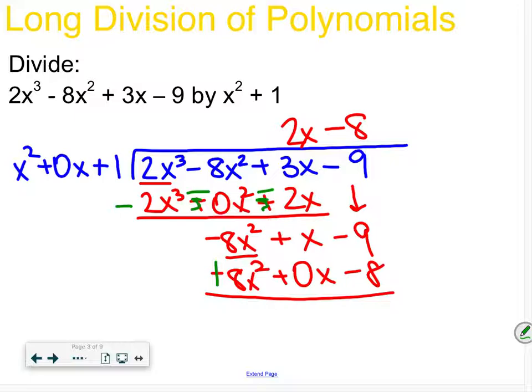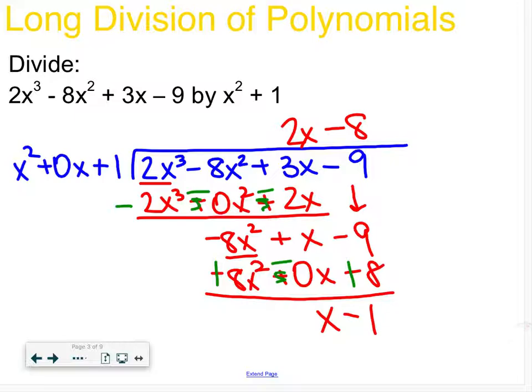So I'm going to just change the signs here. So our x squareds go away. X minus 0x. And then negative 9 plus 8. When we performed the division, our quotient is 2x minus 8, and we get a remainder of x minus 1.